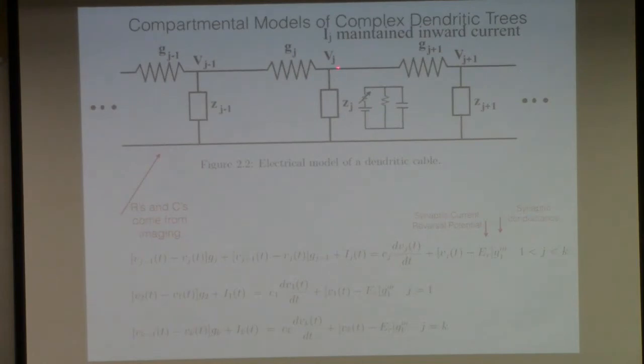The current flowing into this node in the other direction is this current here. Maybe there's an applied current, maybe there's an electrode at this dendritic location and current is being applied to the neuron, so that's what the capital I term represents. And so these three terms are this current plus this current plus this current, right? So those are the currents flowing into that node.